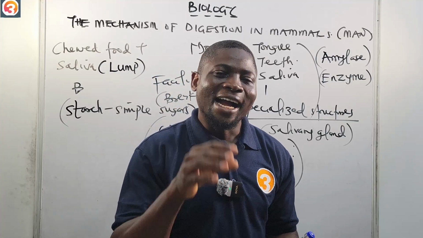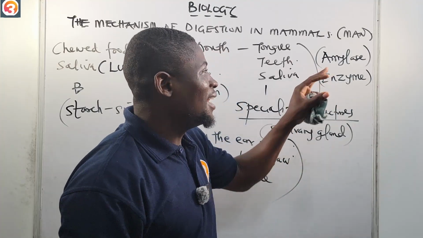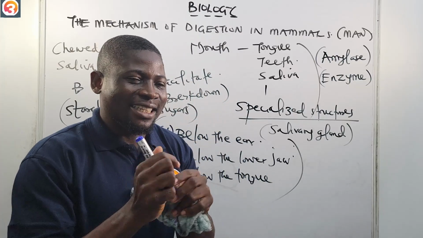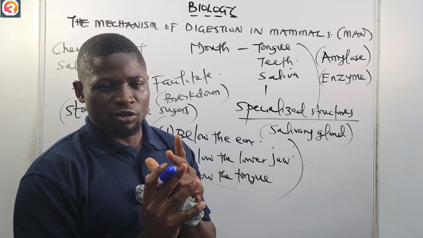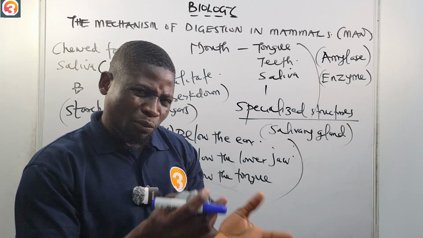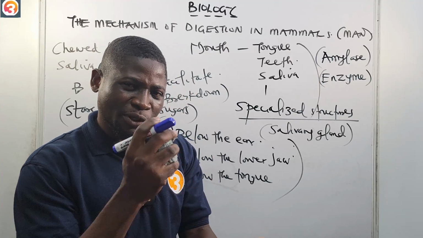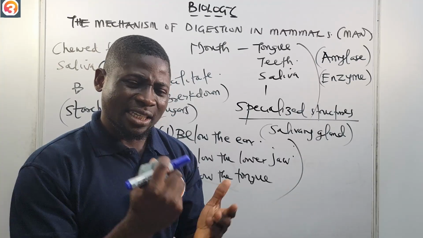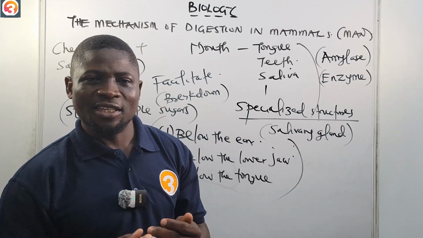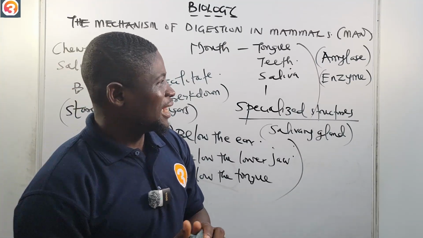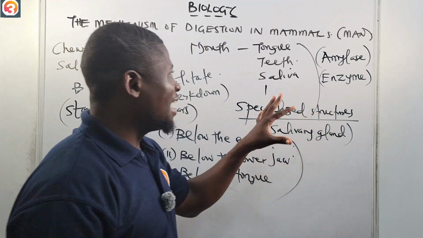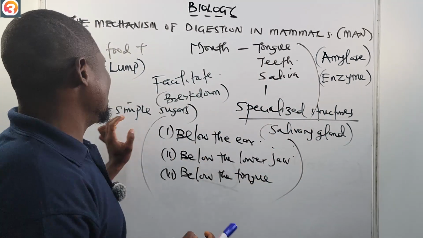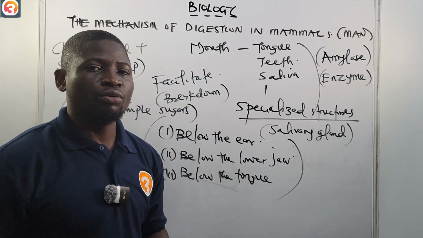It is the salivary amylase that has taken its course on that food. As you break down that cooked rice, the salivary amylase will take action, and then you begin to taste it through your taste buds. So that is how it works. The salivary amylase is very useful in converting starch to simple sugars.